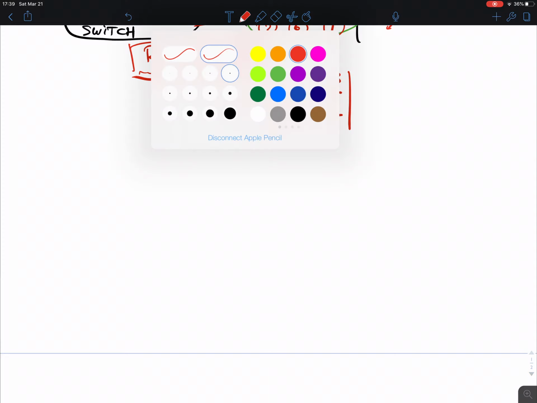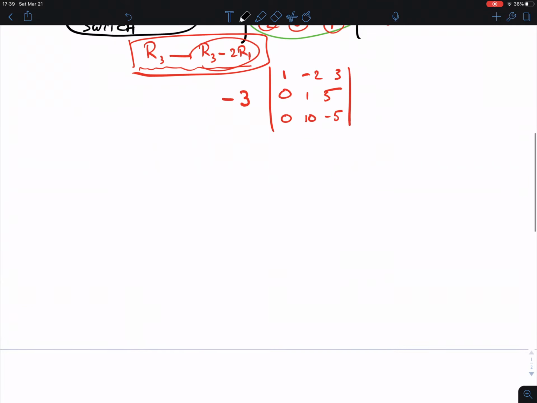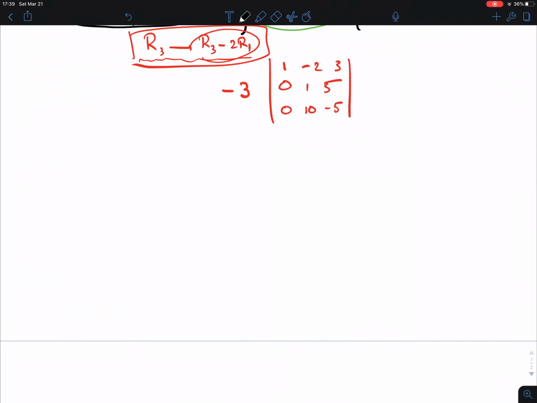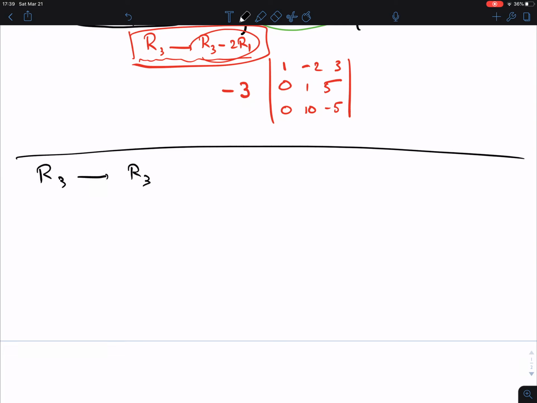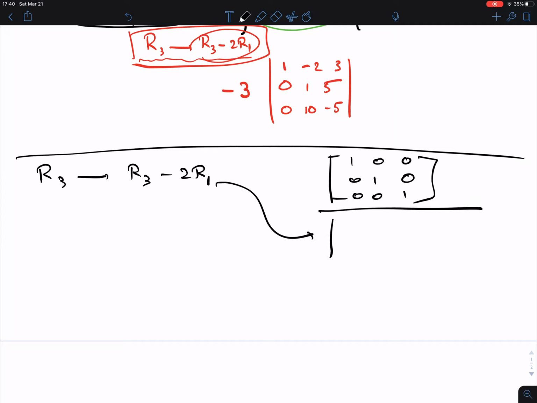I suspend my calculations a little bit and go again. We're talking about the row operation, row 3 minus 2 times row 1. So if I do this on the identity matrix, 1, 0, 0, 0, 1, 0, 0, 0, 1, the two first rows don't change, and then here I subtract it twice.